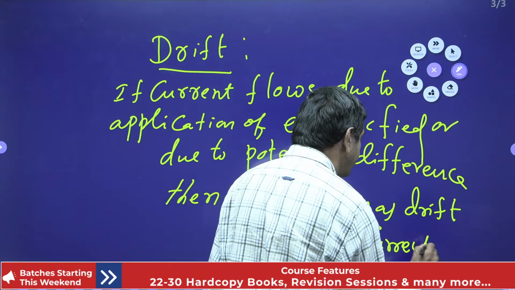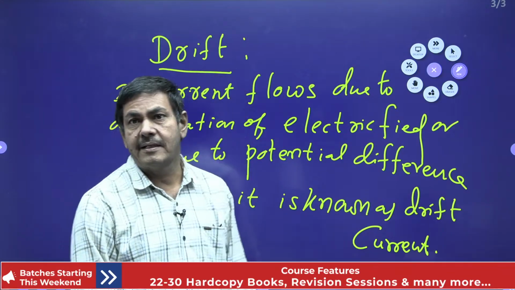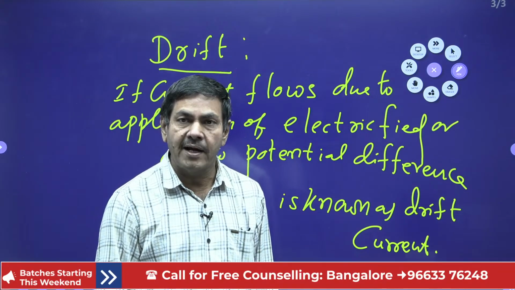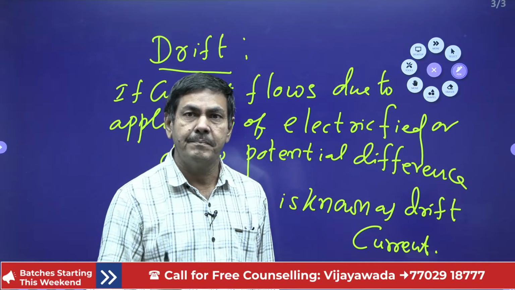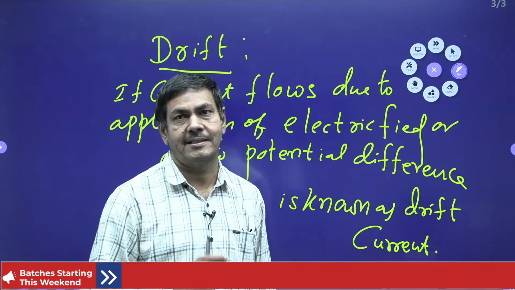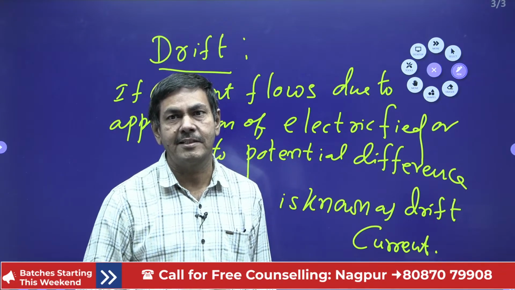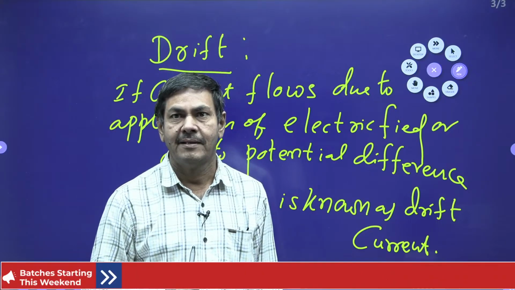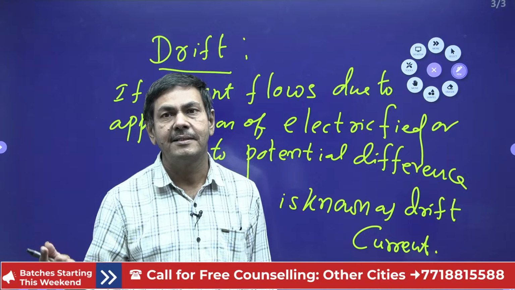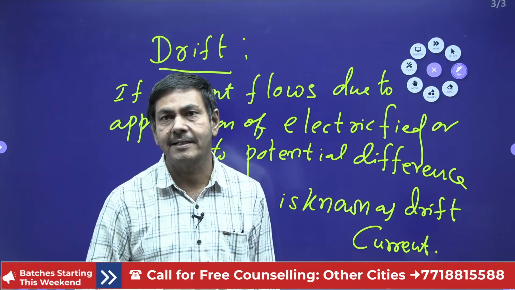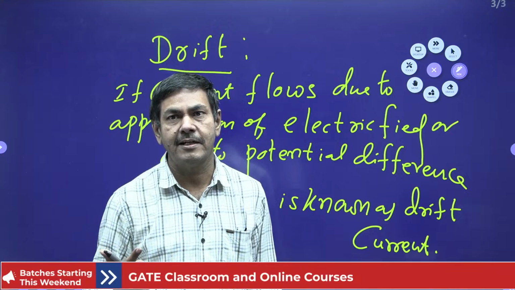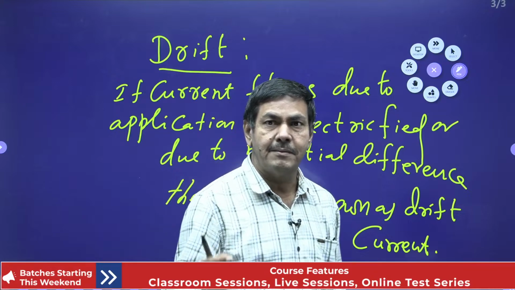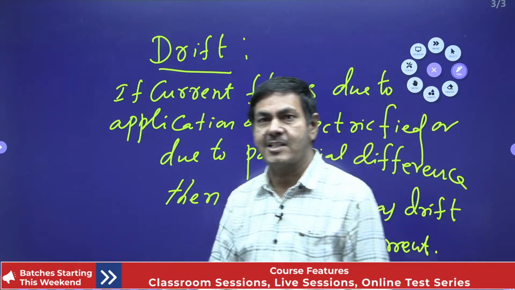That is very important. Where is the drift mechanism possible? Is it possible in conductors or in semiconductors? The mechanism of the drift is possible in metals and also in semiconductors. That point is very, very important.